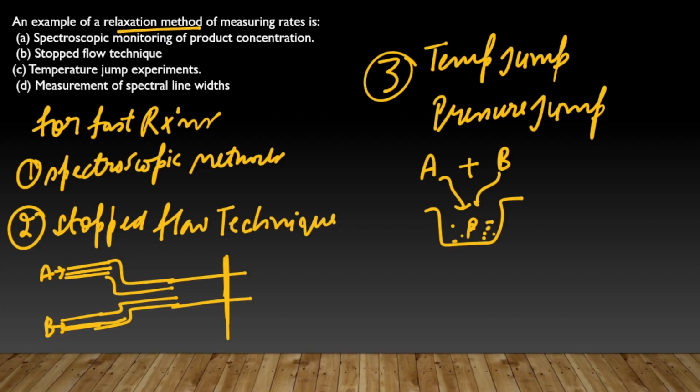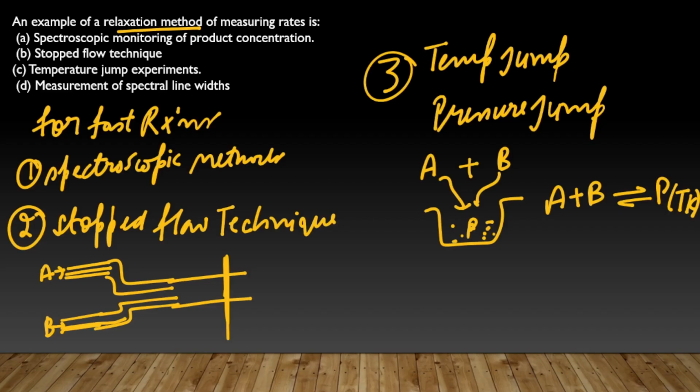So what is going to happen after some time? The reaction does not always go only forward, and an equilibrium will be established between them like this. After some time, at a particular temperature, suppose T Kelvin, this equilibrium is established. Then you suddenly change the temperature.